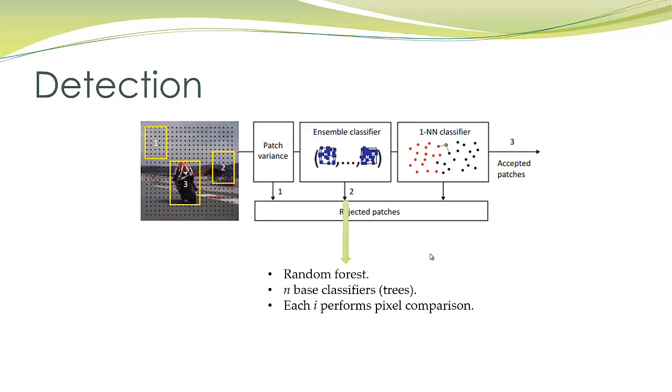The next stage is to let the remaining points go through the ensemble classifier. The ensemble classifier uses a random forest as the basic classifier for this job. The random forest consists of n base classifiers, which are called trees or ferns. In this implementation, it uses ferns, and each one performs pixel comparison.